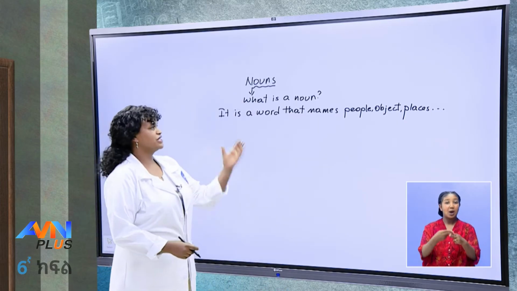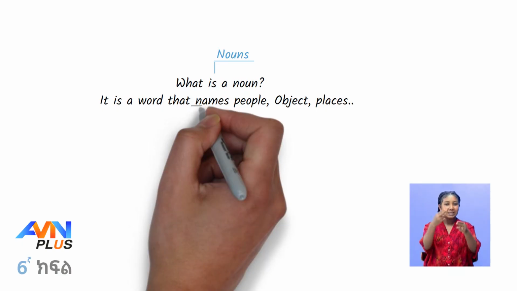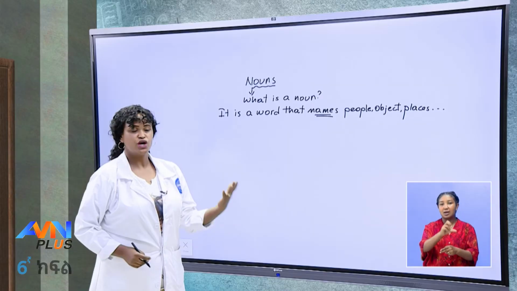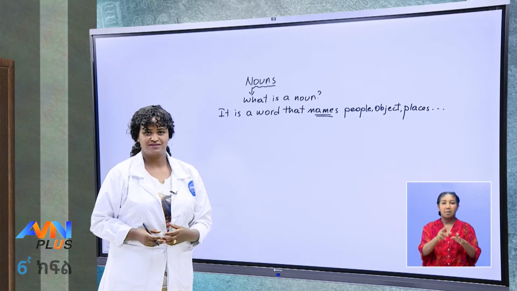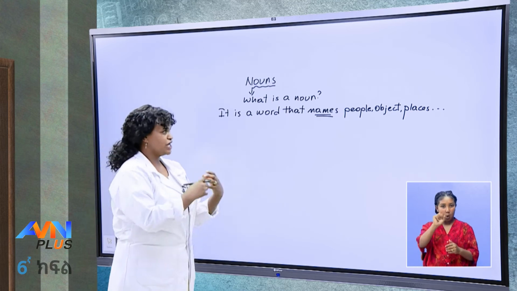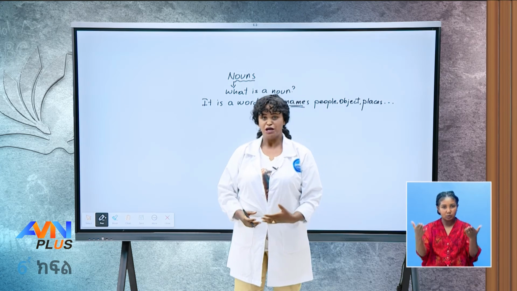A noun is what? A word. What kind of word? A word that names. Okay? In other words, when we say nouns, we are also saying what? Names. Okay? A noun is a word that names people, objects, or places.